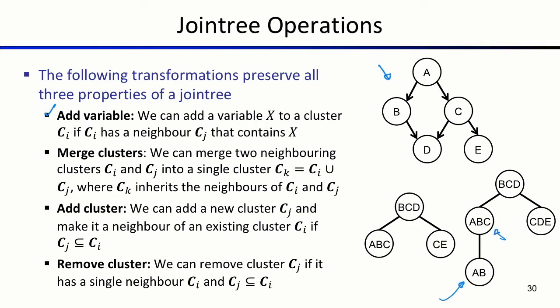So we can eliminate this guy here, and actually we go from the right joint tree to the left joint tree. So all those operations are valid. They will change a joint tree, but they will preserve the properties that we have in the joint tree.